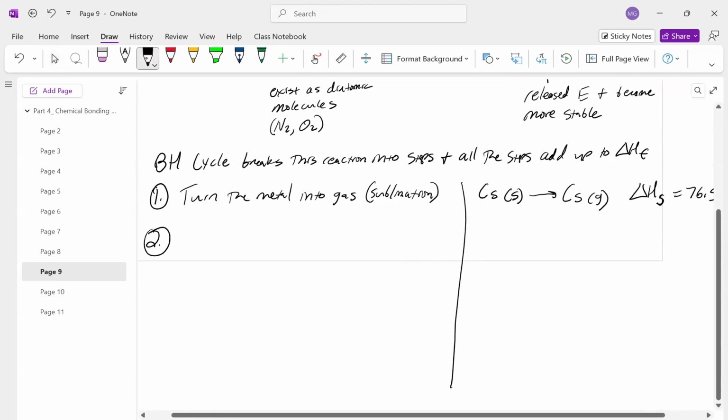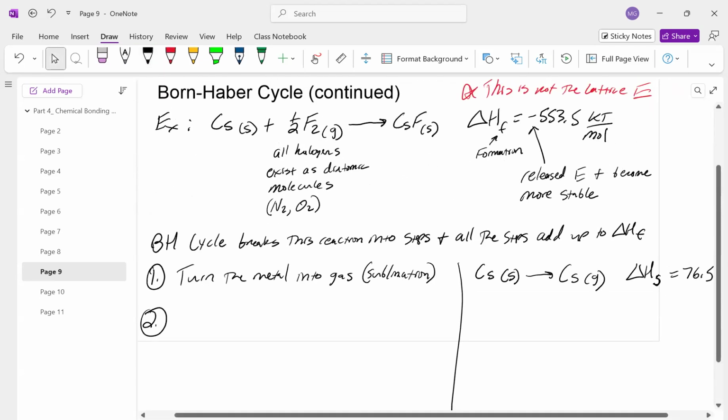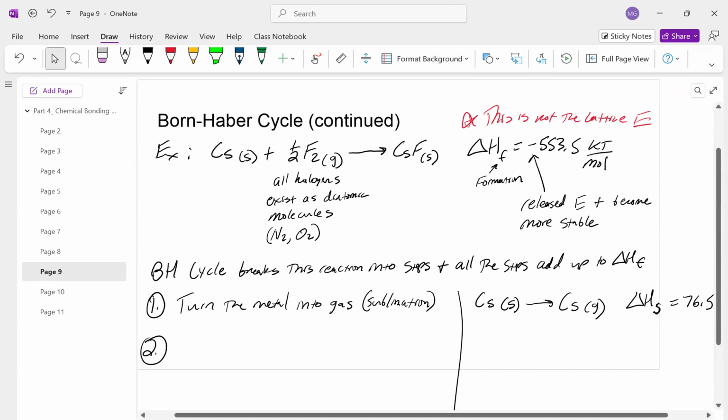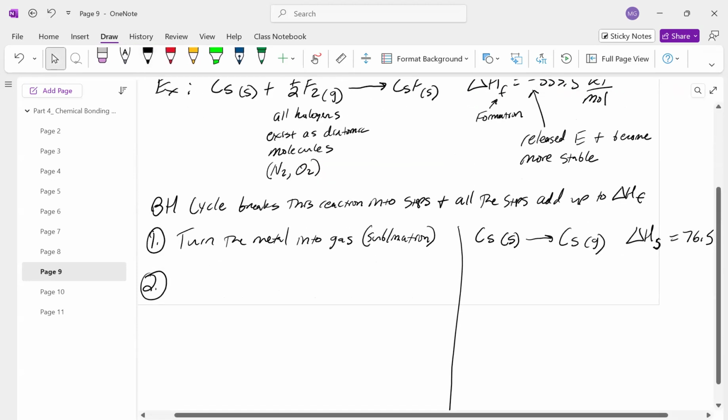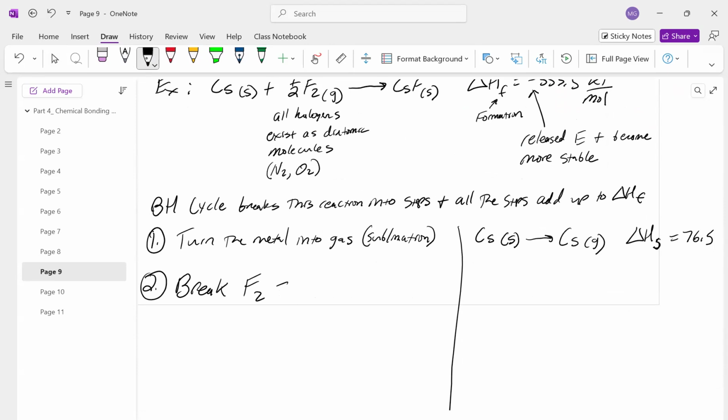And the second thing, let's deal with the fluorine. Because notice in the reactant there, fluorine is bonded to itself. Fluorine is bonded to fluorine, and I have to break that bond to get one single fluorine there. So that's what this second step is. I'm going to break diatomic fluorine into a single atom. So this is the process we're going to use here.